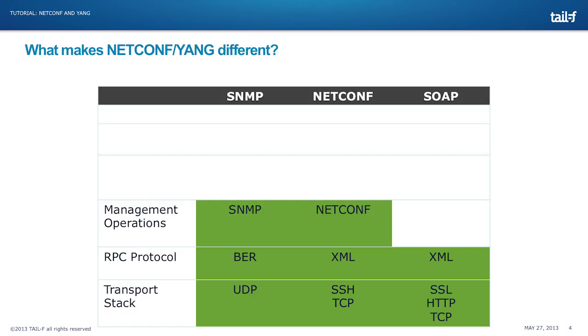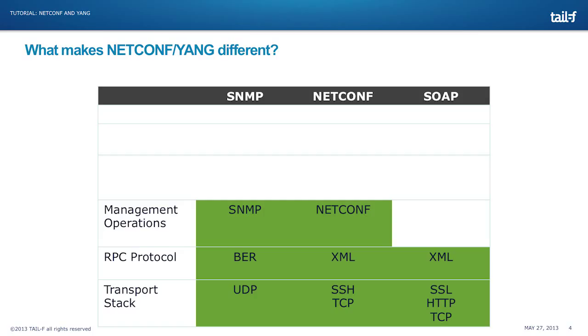Well, SNMP, we had BER encoding, which is very difficult for a human to just take a dump of that protocol and read it. Whereas NETCONF, SOAP, we do have XML. But then when we get to management operations, we've got our protocol, but what sort of operations can we use in managing our network?